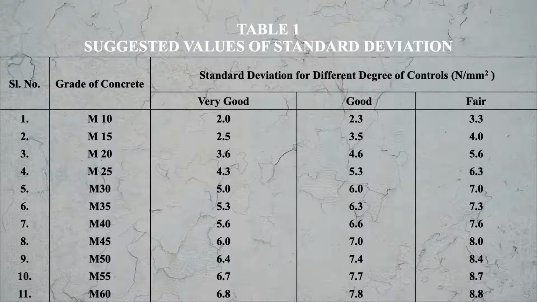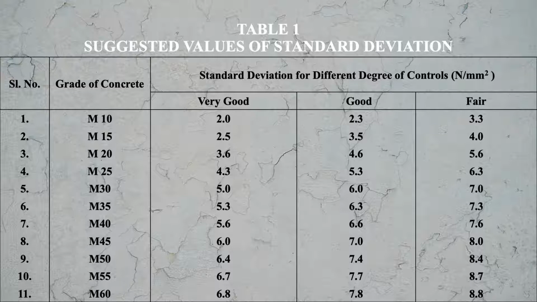For example, for M10, for very good quality control it is 2.0, whereas for good control it is 2.3 and for fair it is 3.3. Likewise, for M30, for very good control it is 5.0, then for good control it is 6.0, and for fair control it is 7.0.